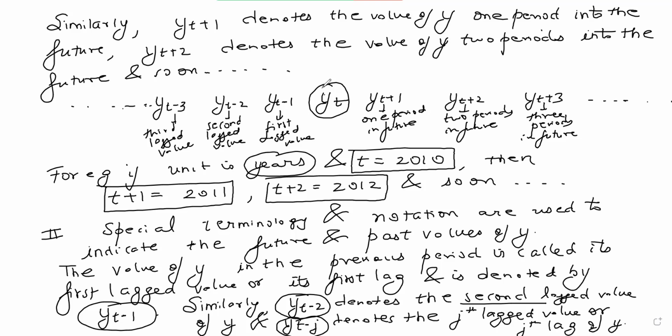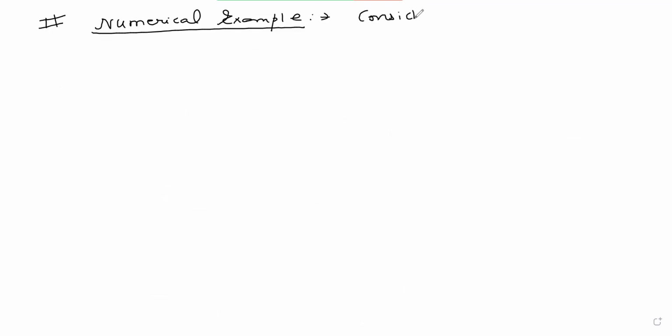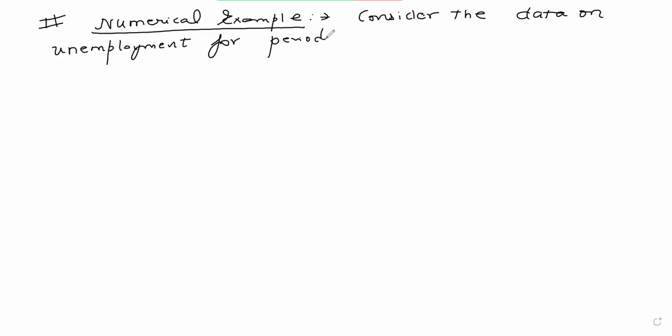Okay, so let's take an example and then we can wind up the lecture today. Let's look at a numerical example. Consider the data on unemployment for the period 1992 to 2001 as follows.